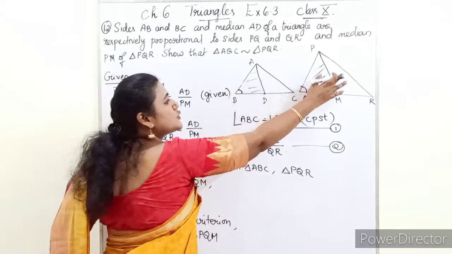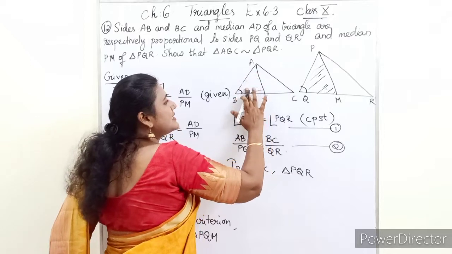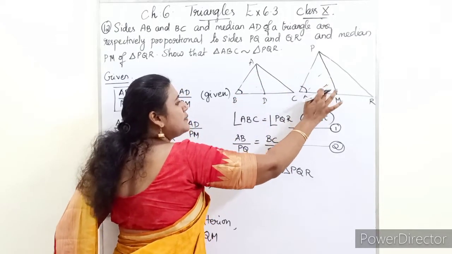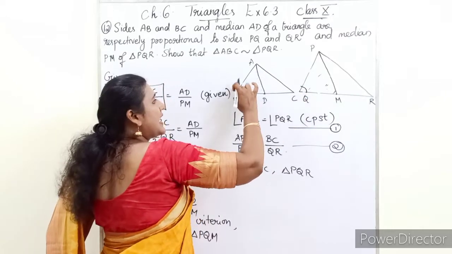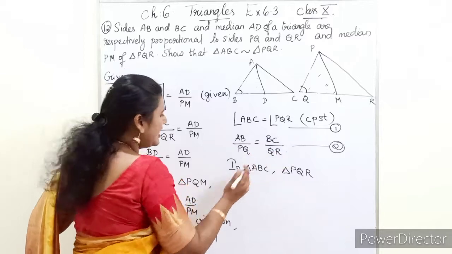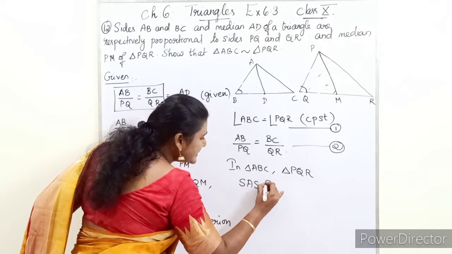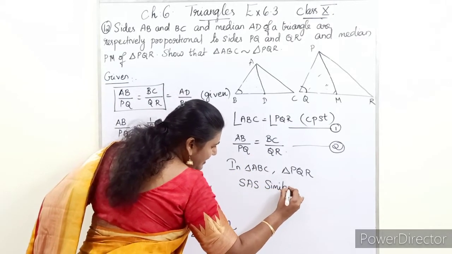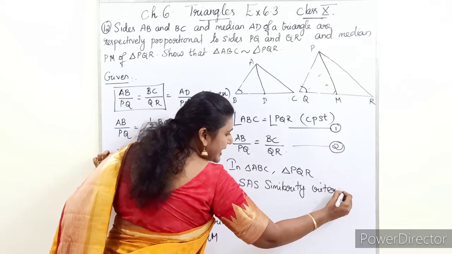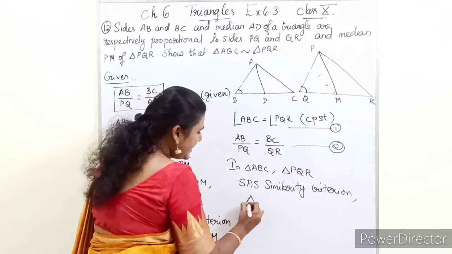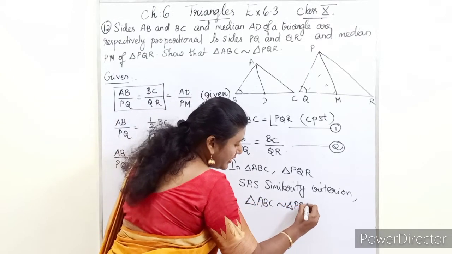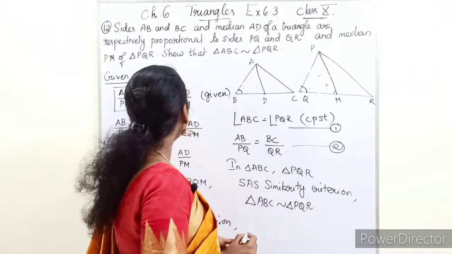So in these two triangles we got one angle, that is angle B and angle Q are equal, and these two included sides ratios are also equal. Therefore by SAS similarity criterion, we can say triangle ABC is similar to triangle PQR. Okay, so this is how you have to prove.